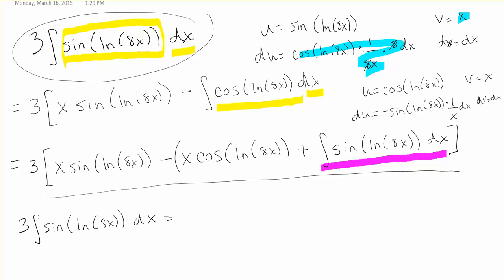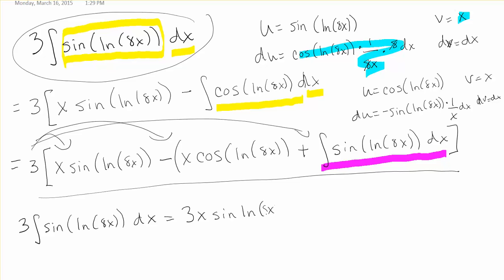And I found that to be equal to, distributing the 3 through onto each term, 3x times the sine of the ln of 8x minus 3x times the cosine of the ln of 8x, and then plus 3 times the antiderivative of the sine of ln of 8x dx.